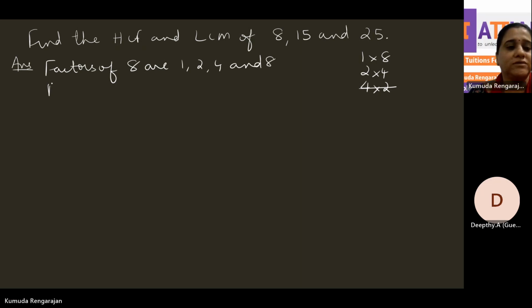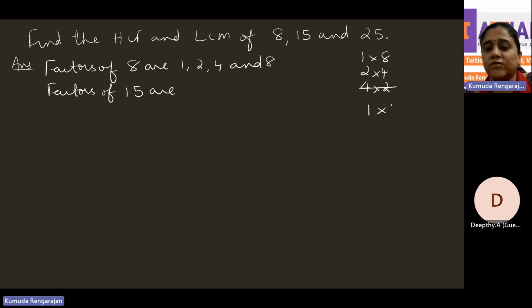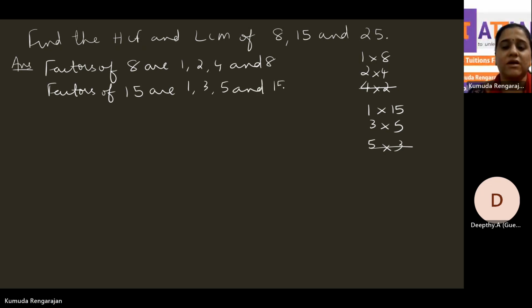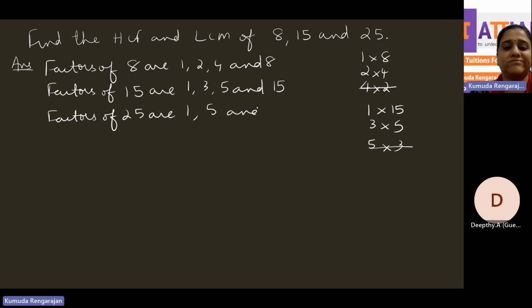What are the factors of 15? 1 into 15 is 15. 3 5s are 15. 5 3s are 15. So 1, 3, 5, and 15. And what about 25? Factors of 25 are 1, 5, and 25, because 25 is 1 into 25, 5 into 5, and 25 into 1.